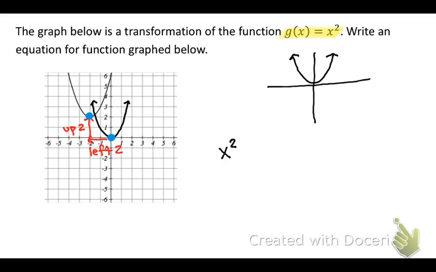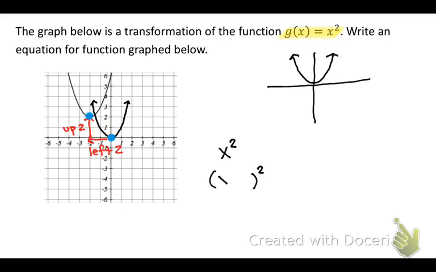So if I think back to my IHOP, it's horizontal, so I know that it needs to be inside the parentheses, and that it's the opposite of what I would expect. So my gut kind of tells me, oh, if I'm moving it left, I would subtract. But in IHOP, the horizontal moves are the opposite of what your gut would kind of tell you.